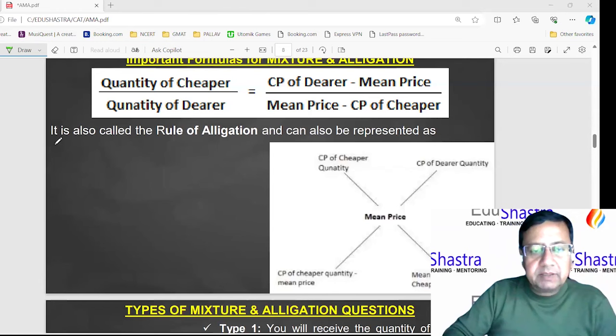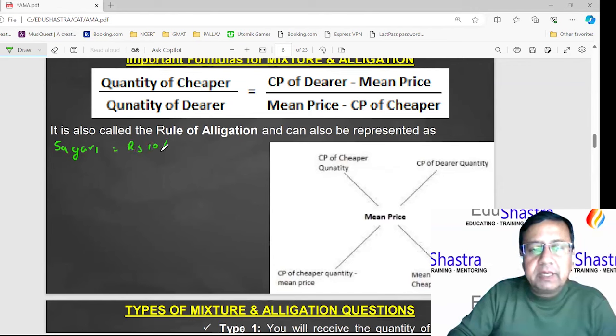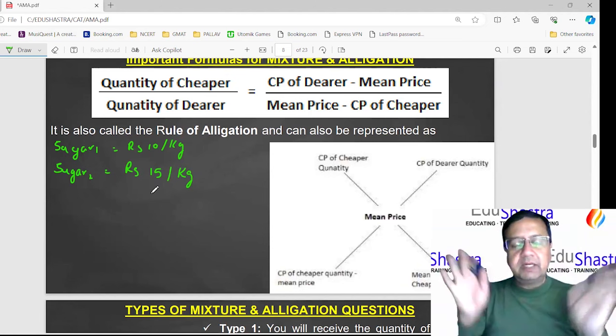Okay, suppose I say there is sugar 1, and this is rupees 10 per kg, right? There is sugar 2, and this is suppose rupees 15 per kg, right? And these are in different containers.